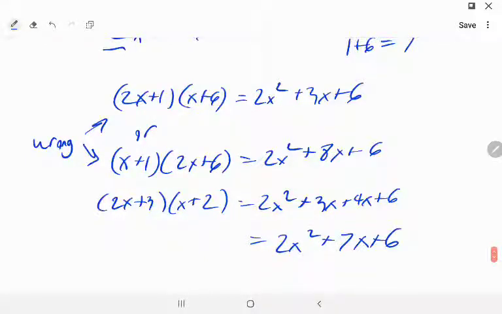But guessing and checking is not at all reliable. So what can we do instead?